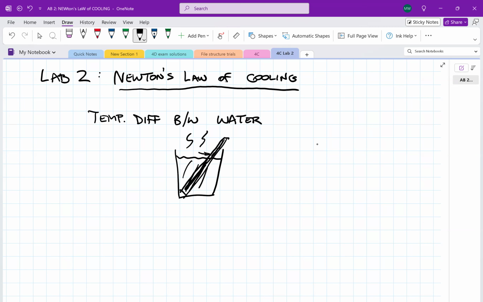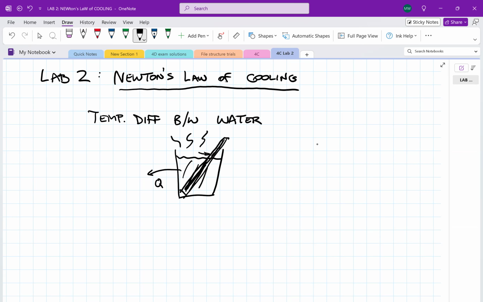This is really hot water. So there's heat transfer out of here, and we're going to try to model the temperature as a function of time, both by using a prediction from Newton's law of cooling, and then taking the data to see what it really looks like and what kind of matching up we get.